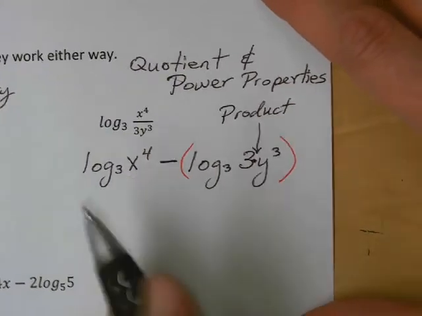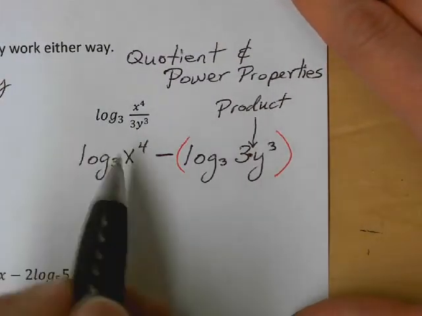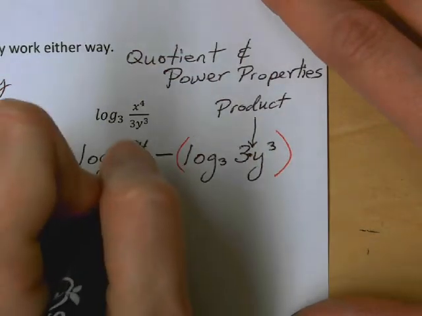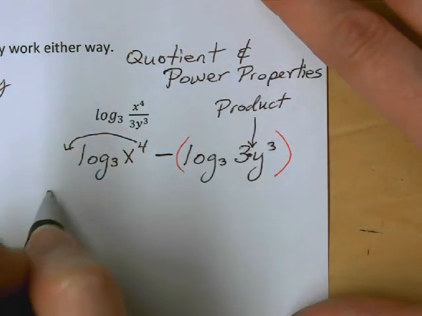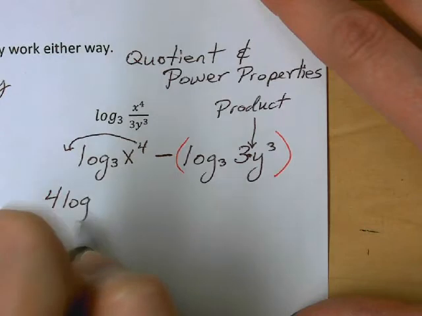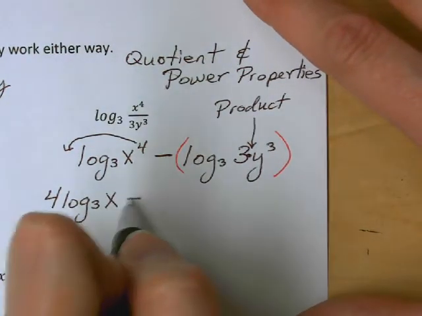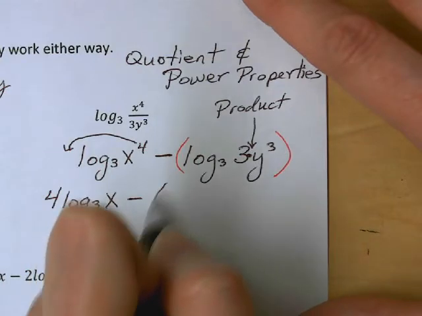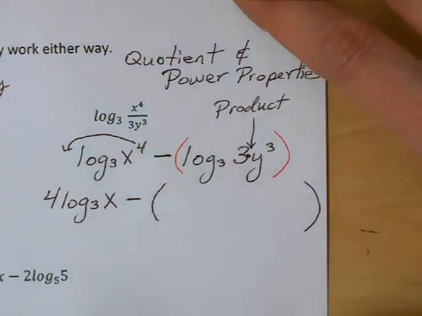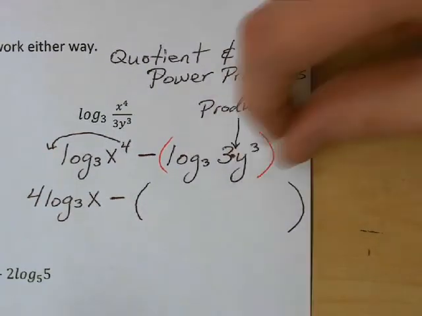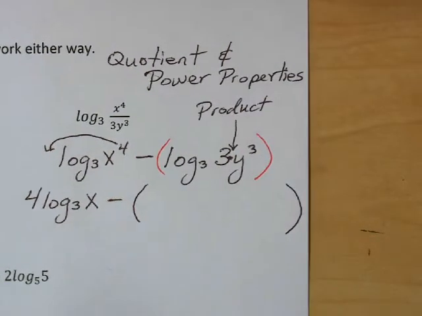What about the beginning one? We're almost done with the beginning one. The 4 in the front. Yeah, you could put the 4 in the front. So you have 4 log base 3 of x minus, okay, this one's the tough one. Like I was saying, there's a product here, so we need to break that apart before we do the power.